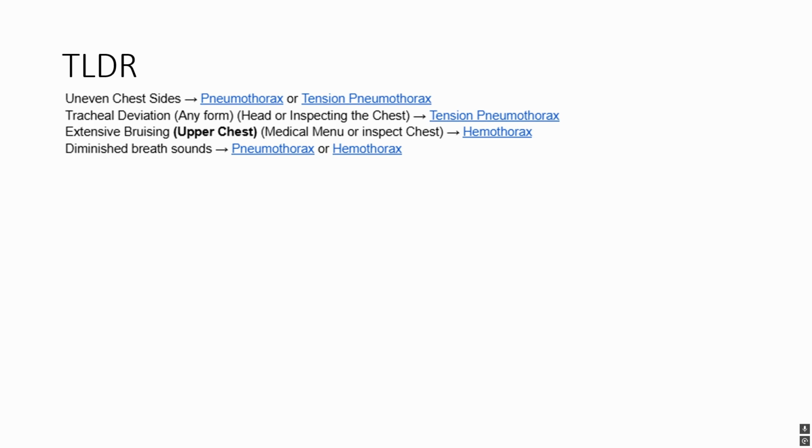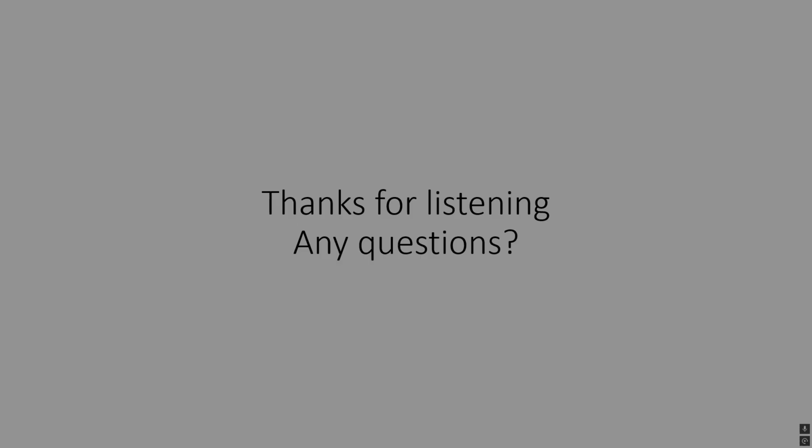That extensive bruising, upper chest especially, or the lower and upper chest, is going to be that hemothorax or a tension hemothorax. And diminished breath sounds can either be pneumothorax or hemothorax, or basically their tension versions. Keep that in mind. That basically wraps it up.